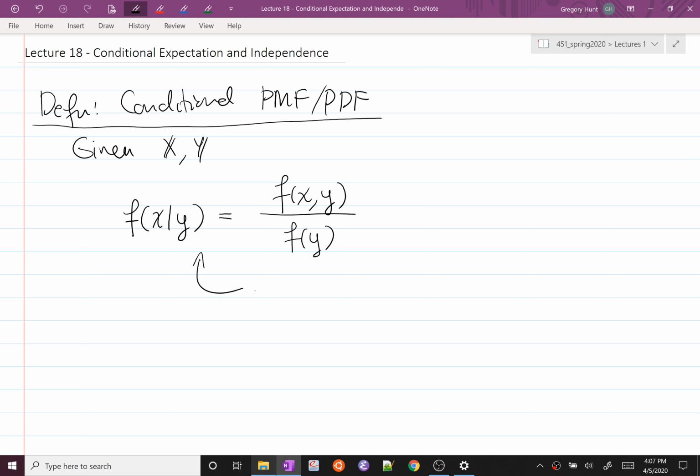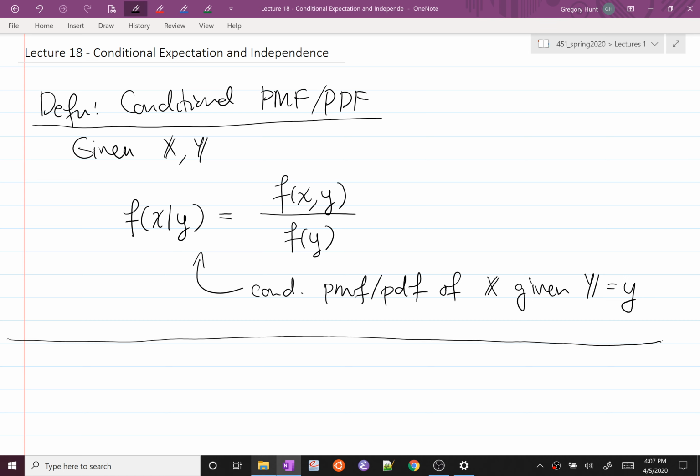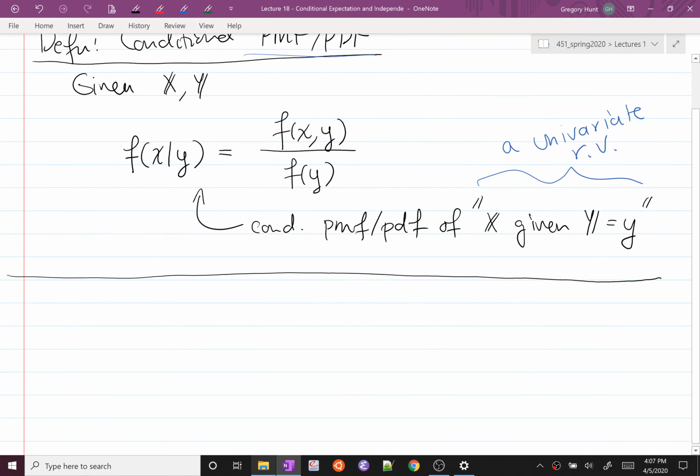And so this is the conditional PMF or PDF of, in this case, x, given that we observe y is some value little y, and it's the conditional PMF at little x. And we said that we can think of x given y is little y as a univariate random variable. So it has, say, a PMF or PDF, and it will have an expectation.